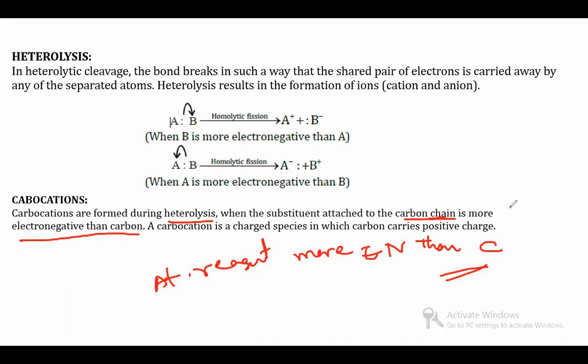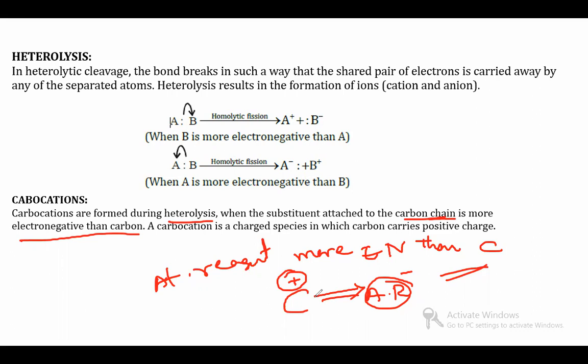It drags a pair of electrons towards itself. If C is carbon and the attacking reagent I'll write AR, if the attacking reagent is more electronegative, meaning it has a greater capacity to drag the pair of electrons towards itself, then carbon will obviously become deficient of electrons, which forms a positive charge on the carbon, that is a carbon cation, also known as a carbocation.